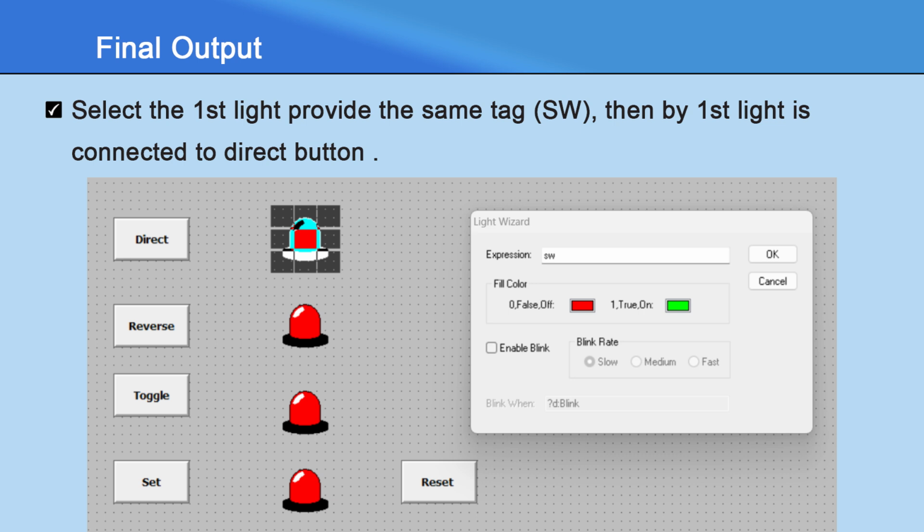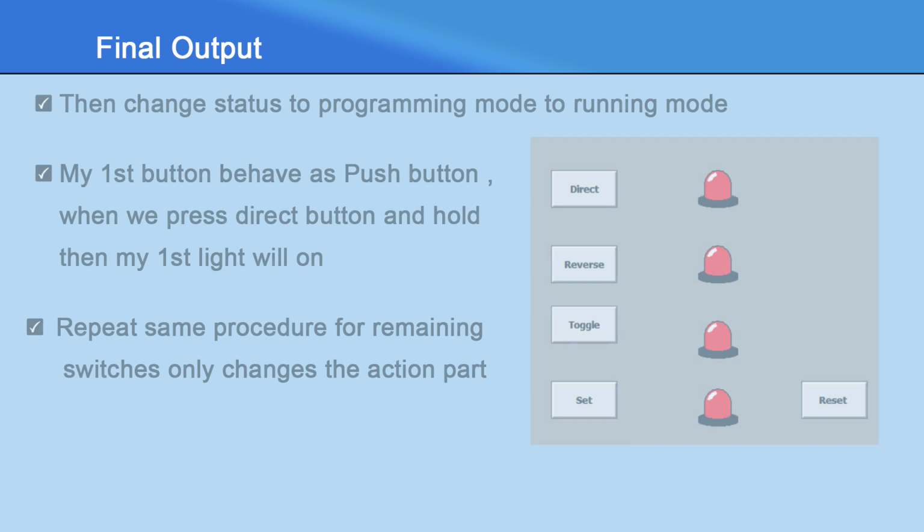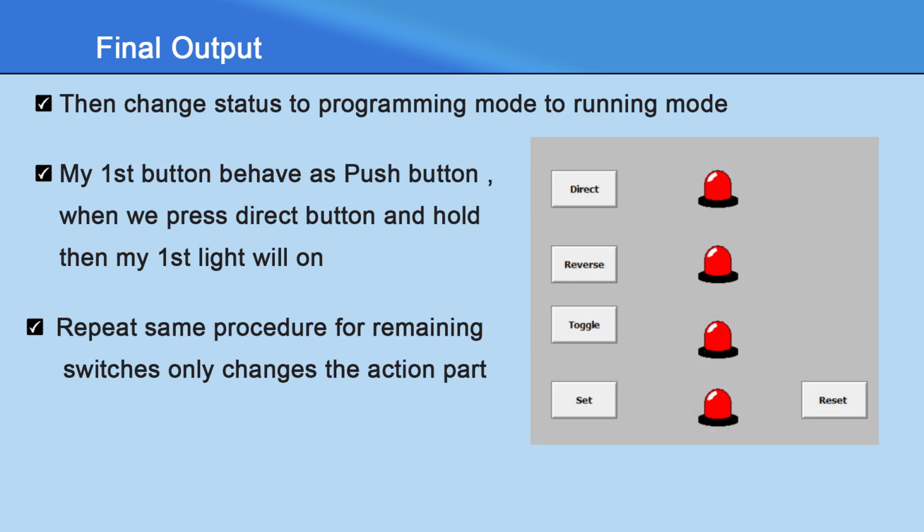Here I want my light indicator to link directly with the first switch, the direct switch, and I have put the tag name of that switch as SW. So, here I have added SW in the expression. You can also choose the fill color. When it is off, it will be red. When it is on, it will be green, and you can also select the blink properties here. Got it? Okay.